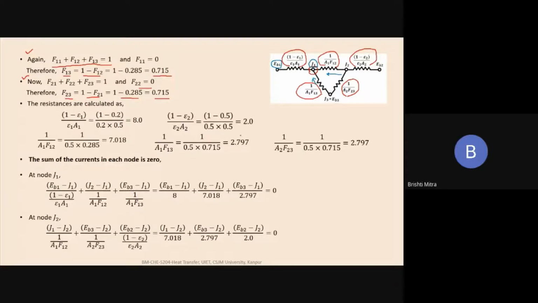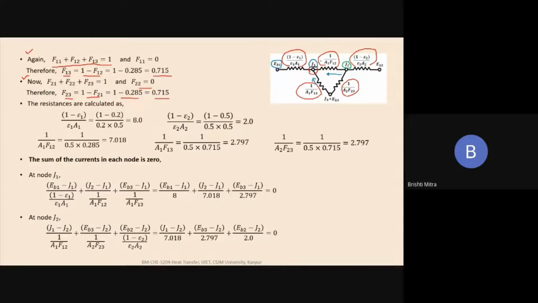Just like we had done it for node J1, we will do it for node J2 also. But let me use another color. So for node J2, this will be a case of EB2 minus J2, EB3 minus J2 and J1 minus J2. So let us start with J1 minus J2 from the left hand side.